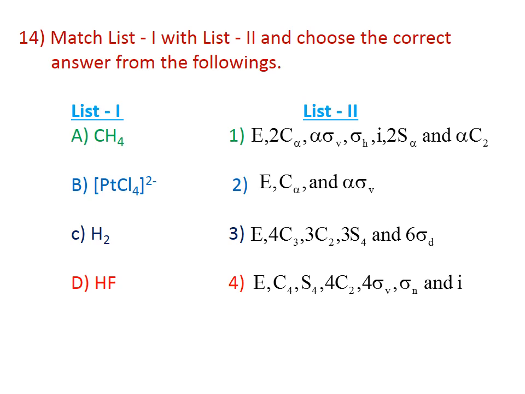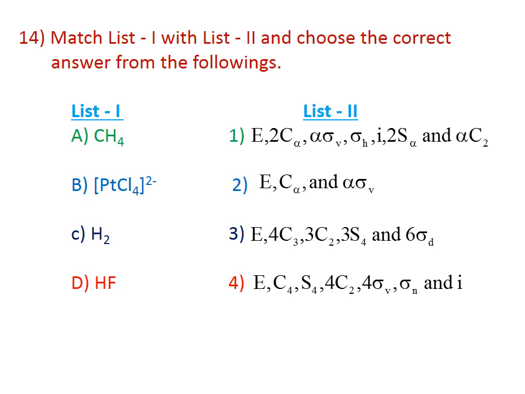For CH4, the correct option is 3, that is E, 4C3, 3C2, 3S4 and 6 sigma D. And for B, the correct answer is 4: E, C4, S4, 4C2, 4 sigma V, sigma H and i.